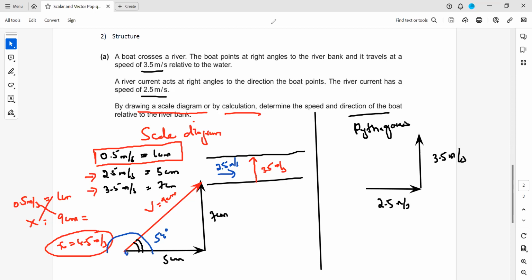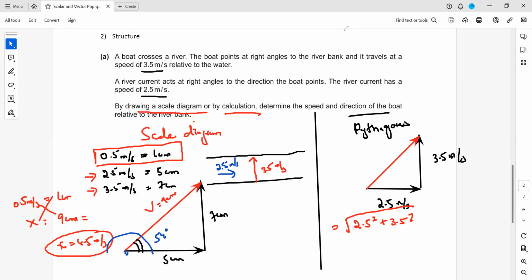So what will the resultant be? Again, this will be the resultant, but here we don't measure anything. We use the Pythagoras theorem. Whenever two vectors are perpendicular, how do we get the magnitude of the resultant? It will be the root of 2.5 squared plus 3.5 squared. So we take base squared plus perpendicular squared in the root.